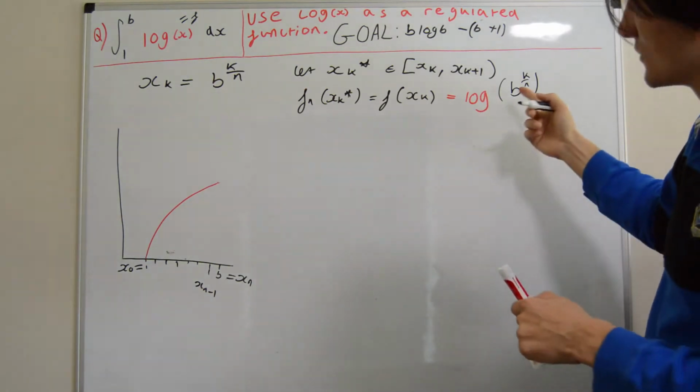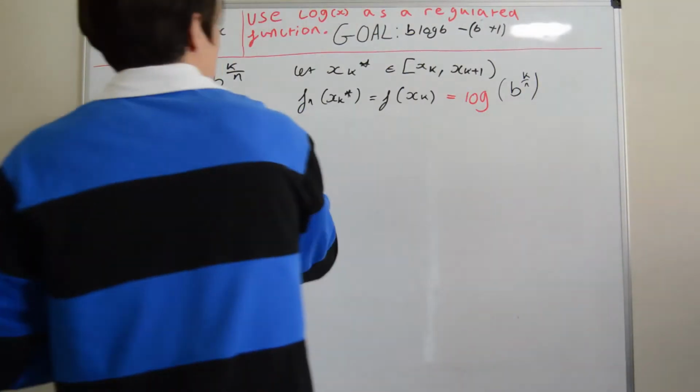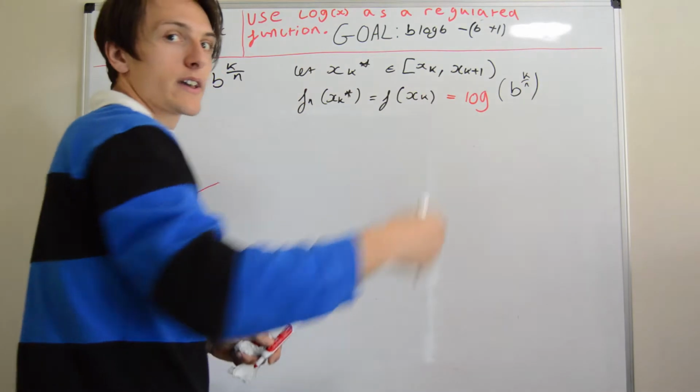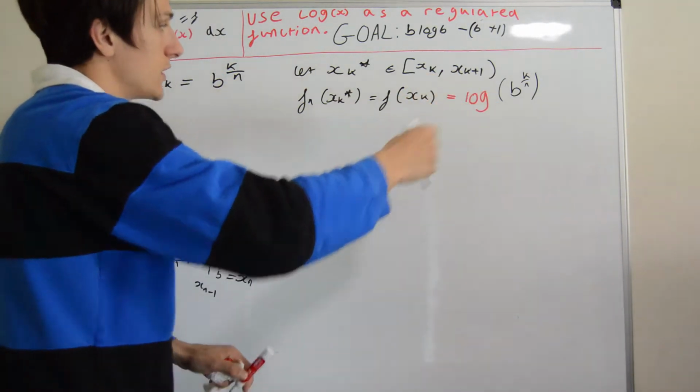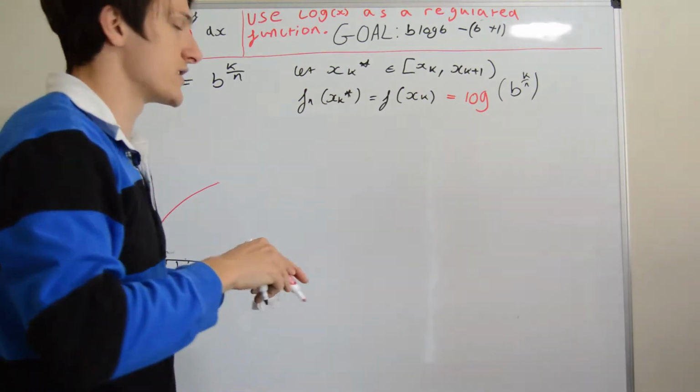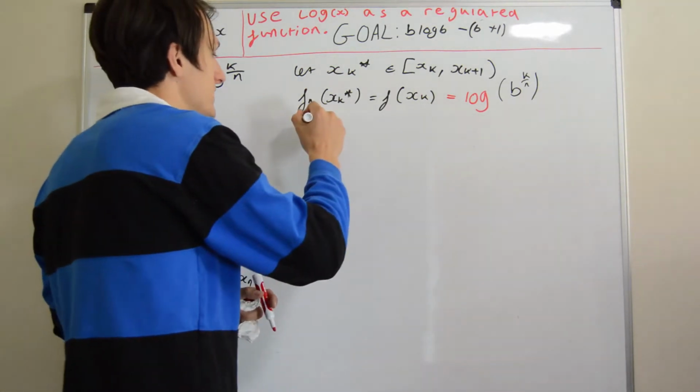This is why we define the partition in this way, so that we can bring down the power. That's going to be very useful. We could have defined an equidistant partition, but this is more useful.